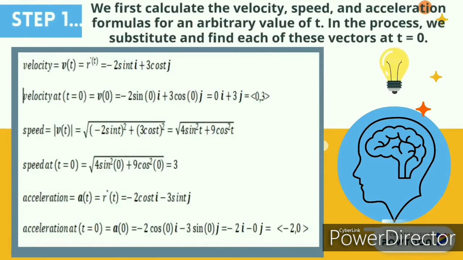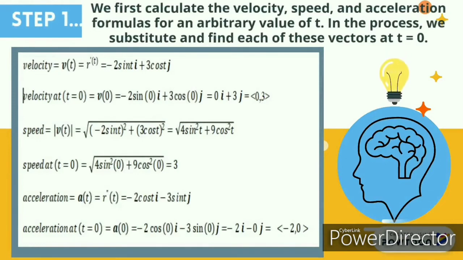To find the velocity, we need to differentiate the position function r(t) and we will get v(t) equal to negative 2 sin t i plus 3 cos t j. And when we substitute t equal to 0, we will get vector's velocity at coordinate 0, 3.